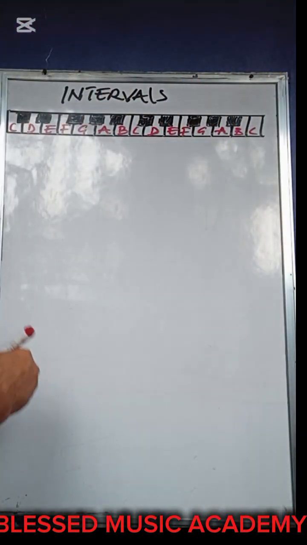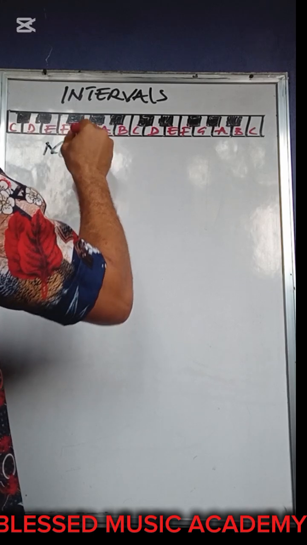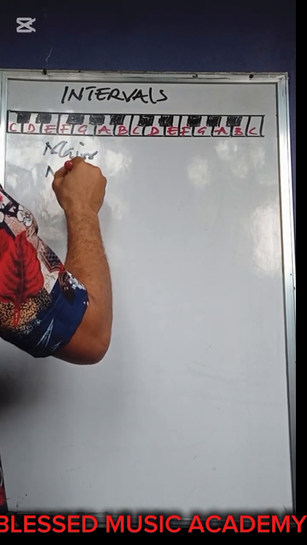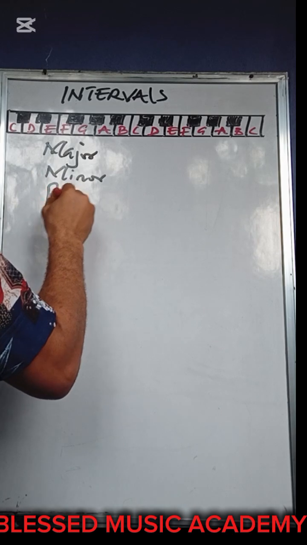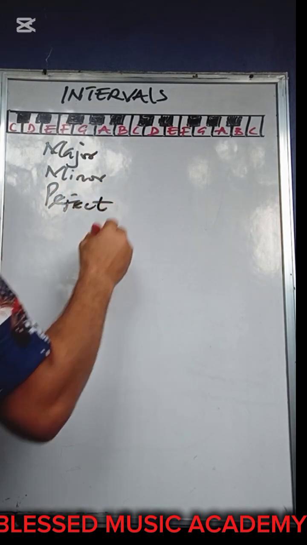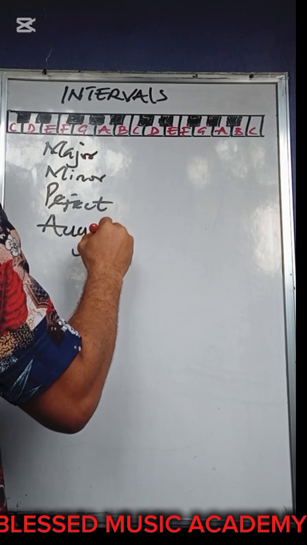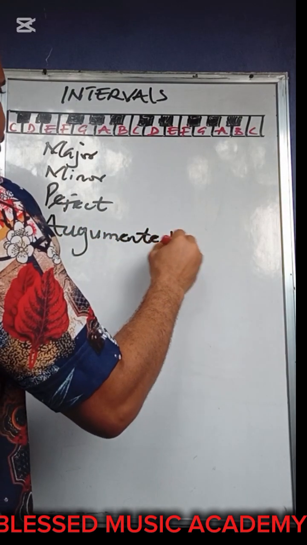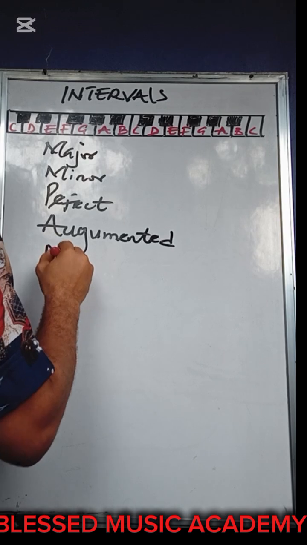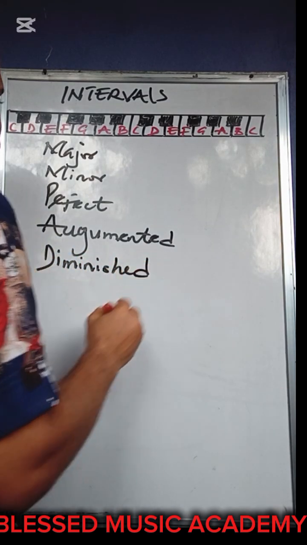Number 1, we have major. Number 2, we have minor. Number 3, we have perfect. Number 4, we have augmented. And number 5, we have diminished.